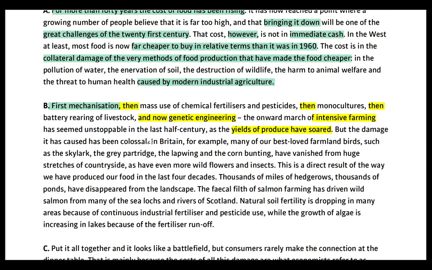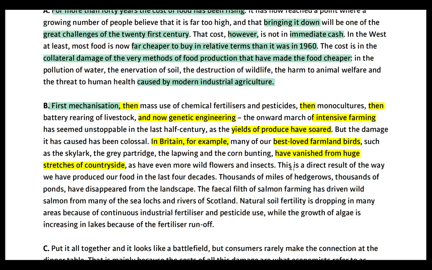In Britain, for example, many of our best loved farmland birds, such as the skylark, the gray partridge, the lapwing, and the corn bunting, have vanished from huge stretches of countryside. So it is saying that many of our best loved farmland birds, not all, but many of them, have gone.